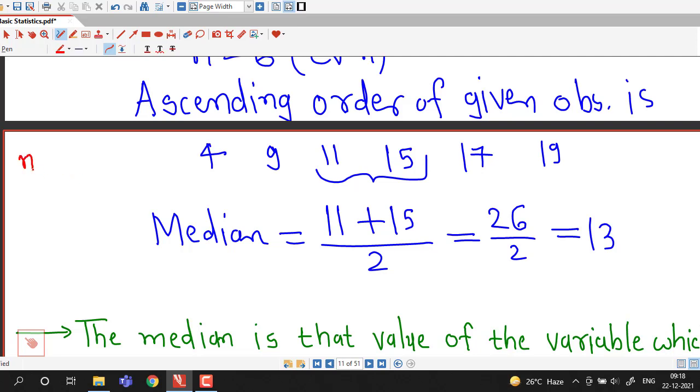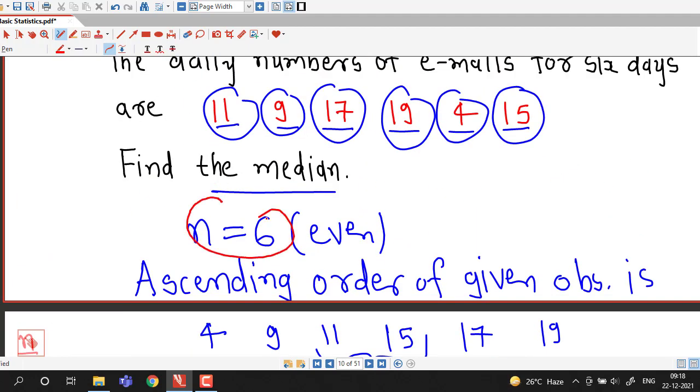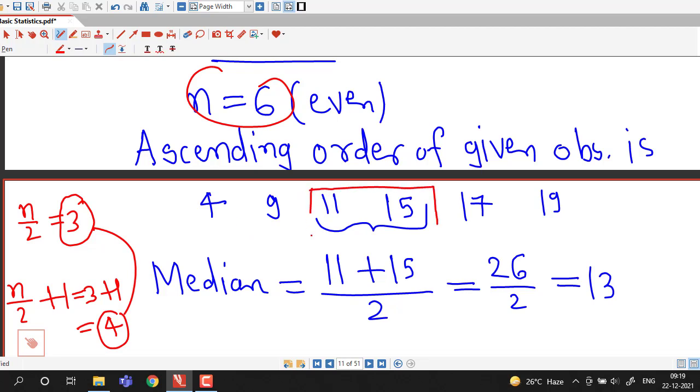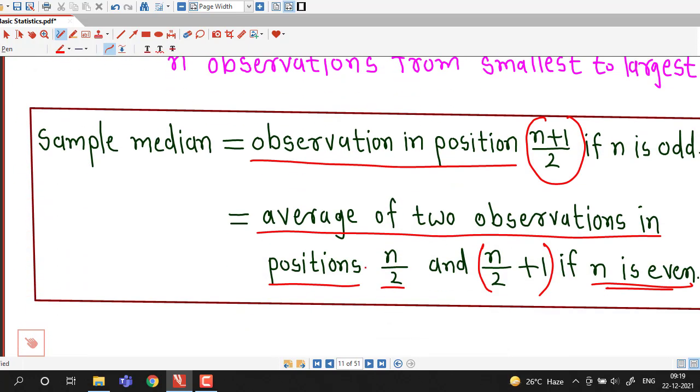We have to find out these two positions, n by 2 and n by 2 plus 1. Here n was 6. So n by 2 means 3, and n by 2 plus 1 means 3 plus 1, that is 4. So we have to take average of observations at these two positions, third and fourth position. And here we can see we have taken average of this third and fourth observation, 11 plus 15 divided by 2. So if data is very large, we can remember this formula for sample median.